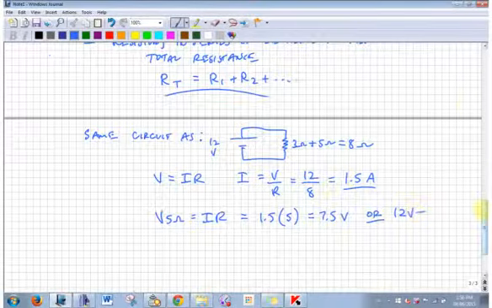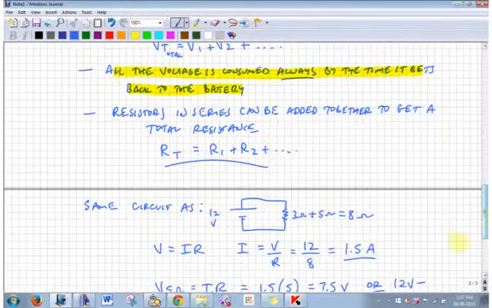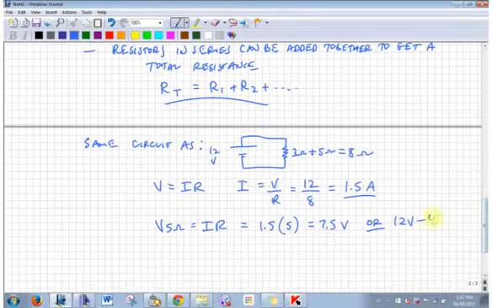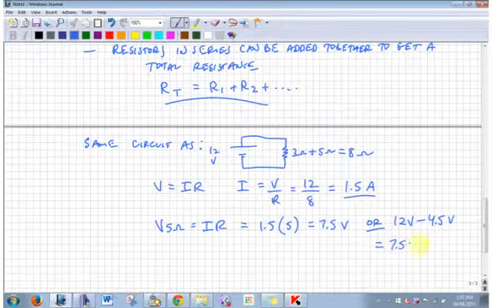Yeah, I didn't. Because I know if 4.5 get consumed by that guy, then the difference must get consumed by the other one. Okay, so subtract 4.5 from 12, you get 7.5. All right, so that's series quickly. That's the easy one.